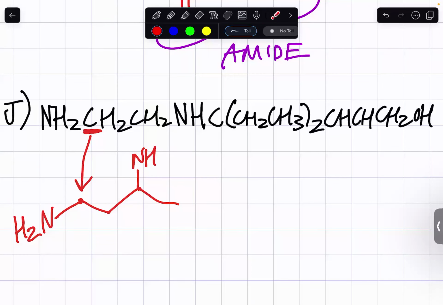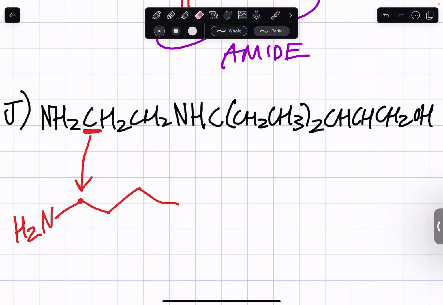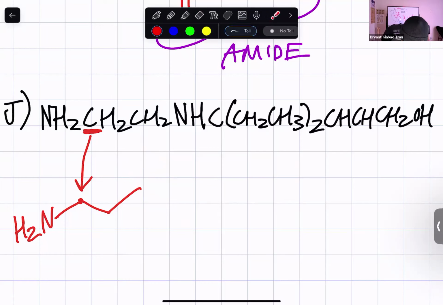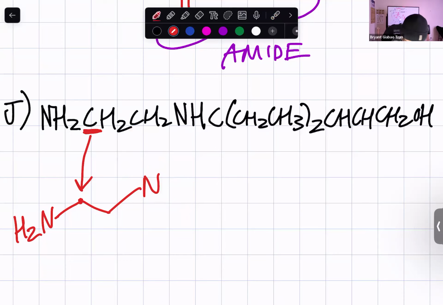Right. So when we have a nitrogen right here, for a nitrogen to be neutral, it wants to have 3 bonds. Right now, it only has 2 bonds, 1, 2. So it's not going to be neutral. That N is attached to a hydrogen, which we have to draw out explicitly.